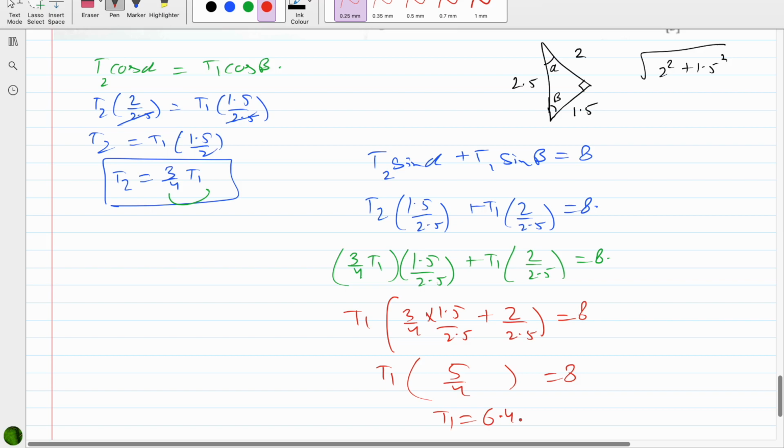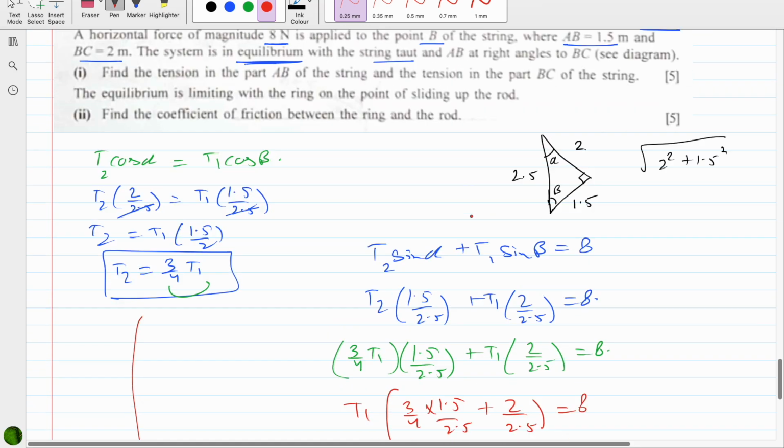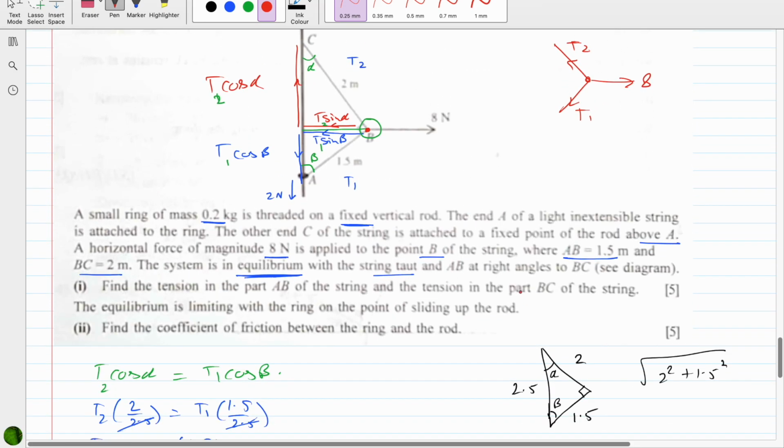T1 is equal to 6.4 newtons. And T2 is equal to 3 by 4 of T1, which comes out to be 4.8 newtons. First part of the question is done. T1 is 6.4 and T2 is 4.8 newtons.